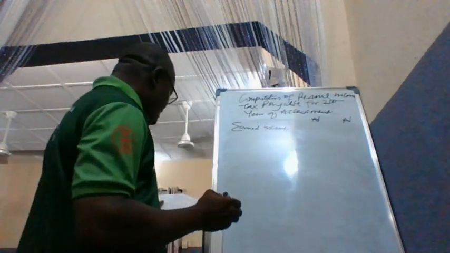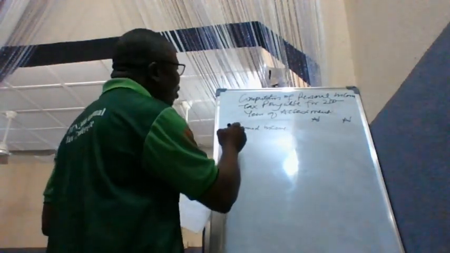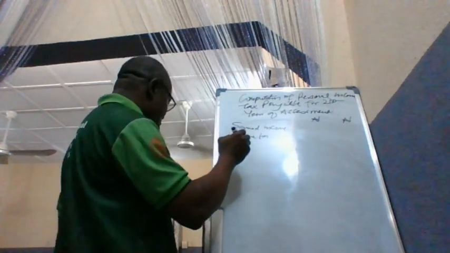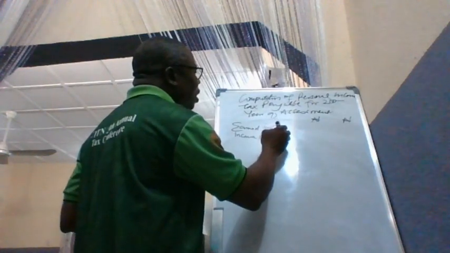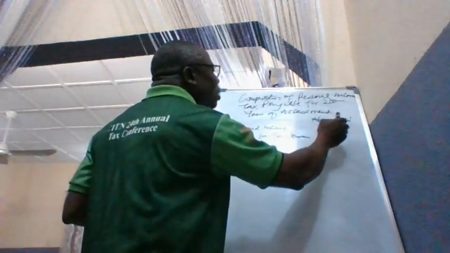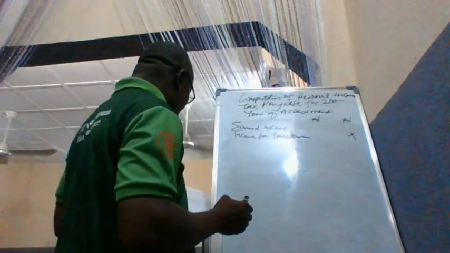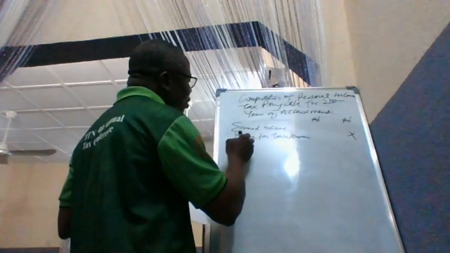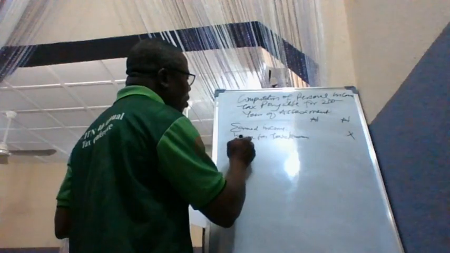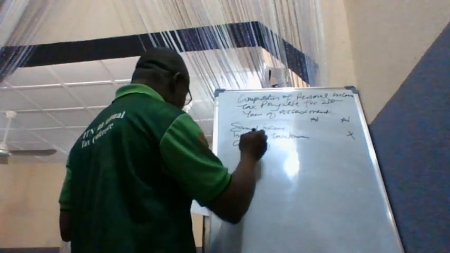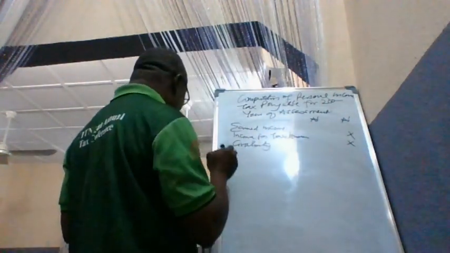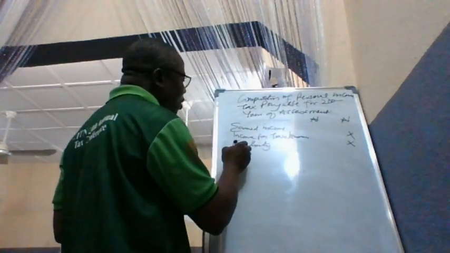Earned incomes. What makes up the earned income? Number one, income from trade or business. Number two is gratuity. Number three is employment income.